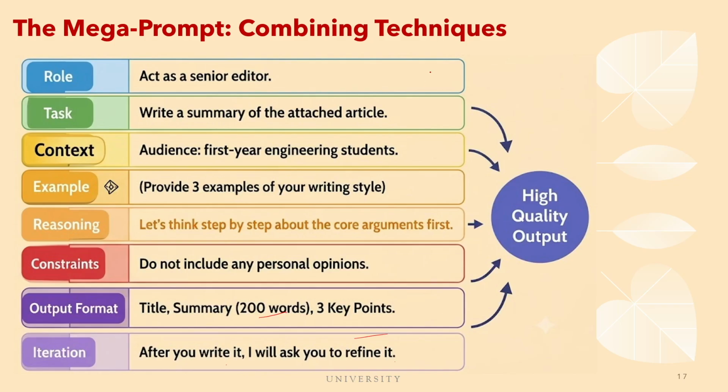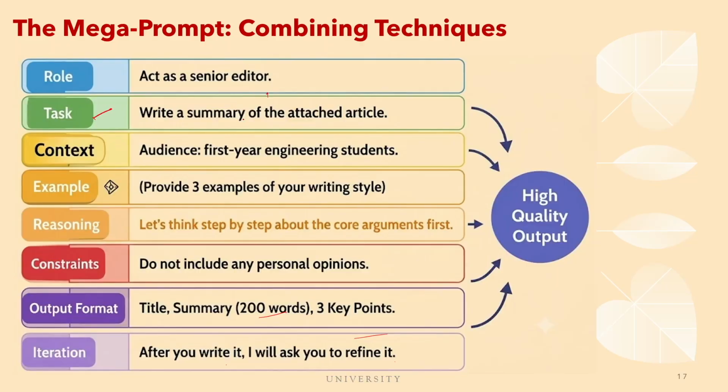If you look at this whole example, we have used almost all the components here: the role, as a senior editor; the task; and the context with the audience and the background. We are providing the examples here. Examples, assume that we are providing within the prompt. Here we have not stated it explicitly, but we will be providing it inside.